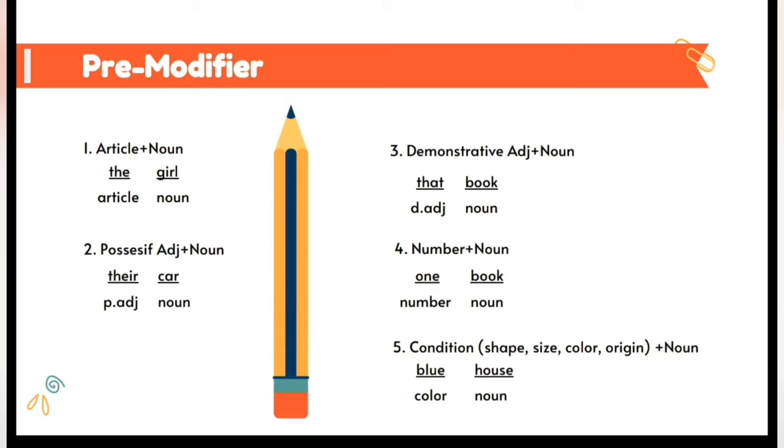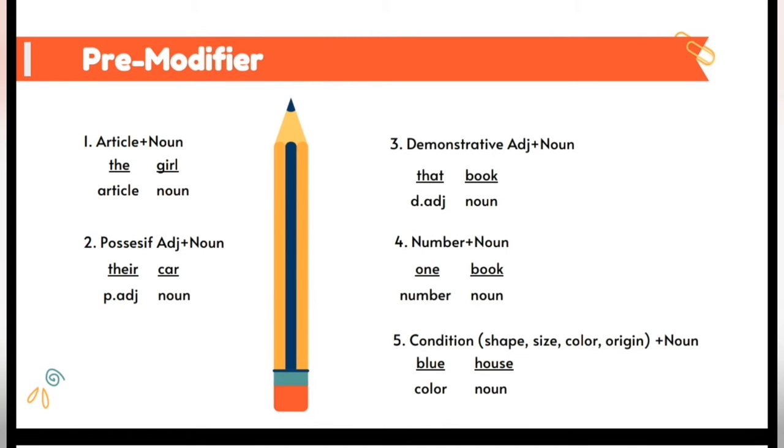Next, condition, shape, size, color, or origin plus noun. For example, "blue house": blue as color, house as noun.